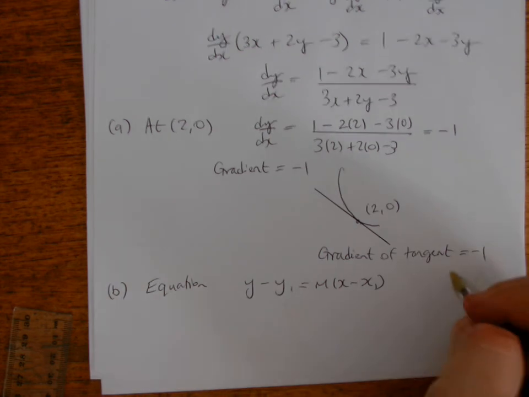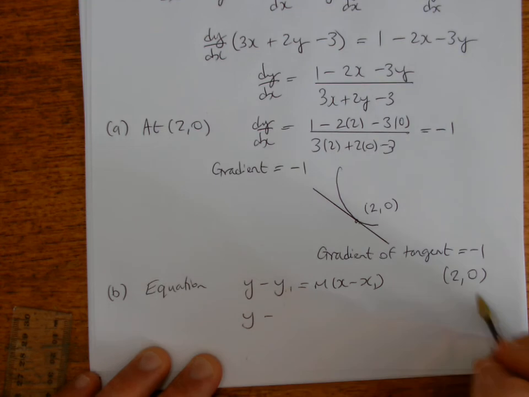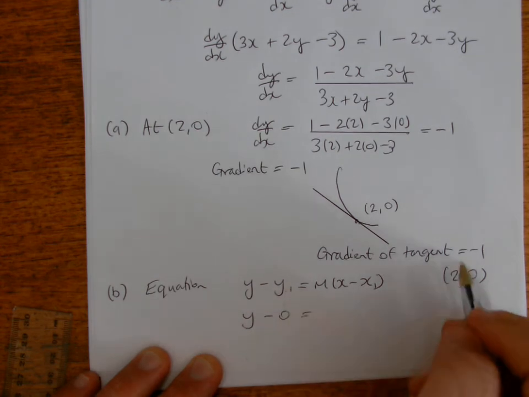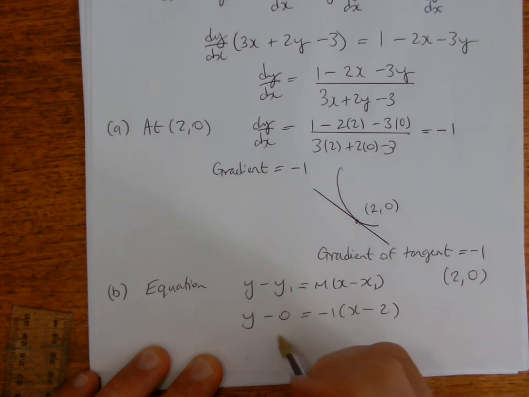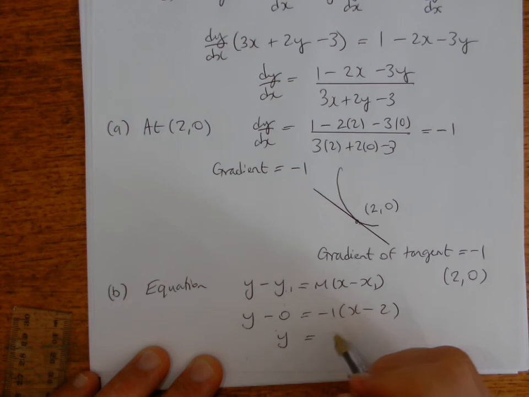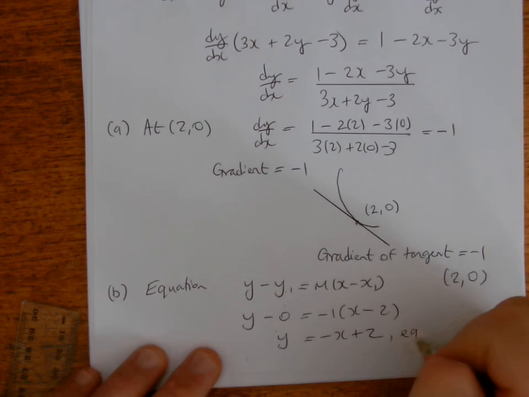So our point is going to be of course (2, 0), and I've got my gradient there, so you put that in. So my y1 is 0, gradient is minus 1, my x1 is 2, and this becomes really easy because you've just got y here and multiply through by negative 1, so I've got minus x, and negative 1 times negative 2 is plus 2. So there's my equation of the tangent.